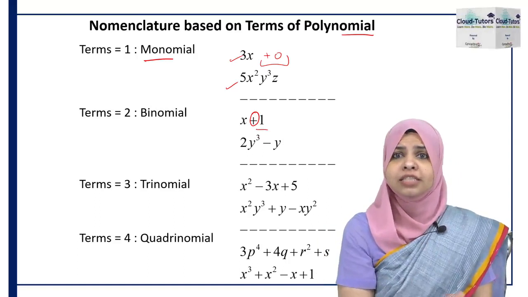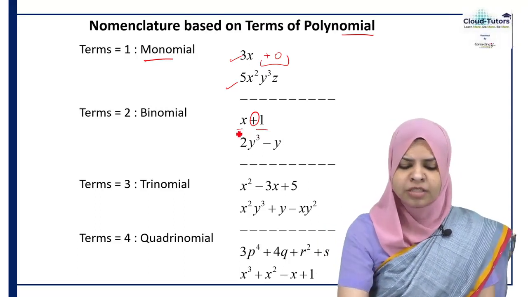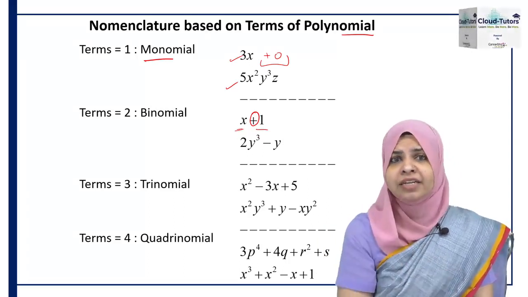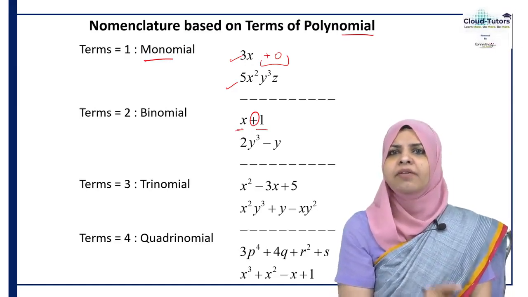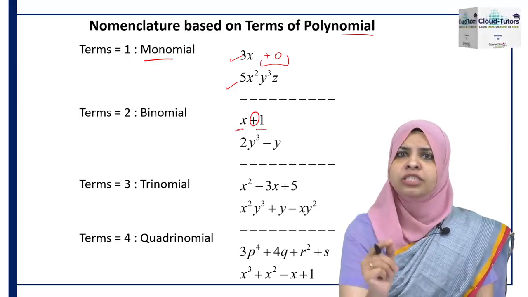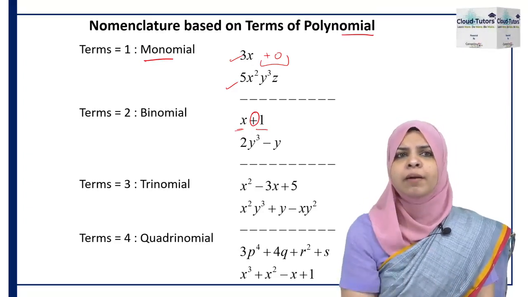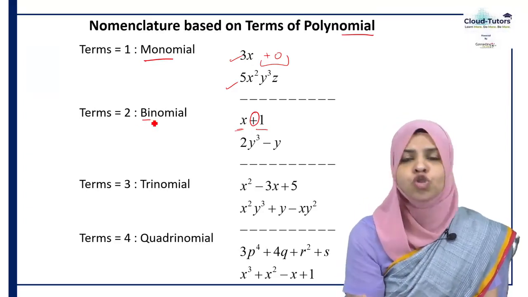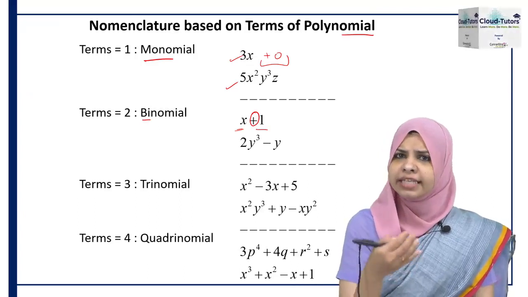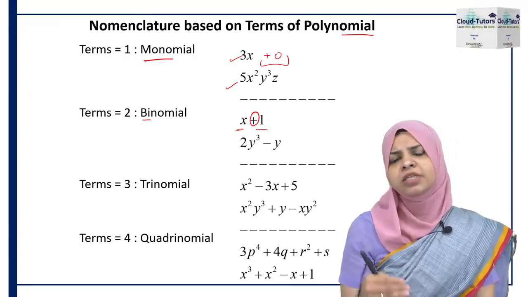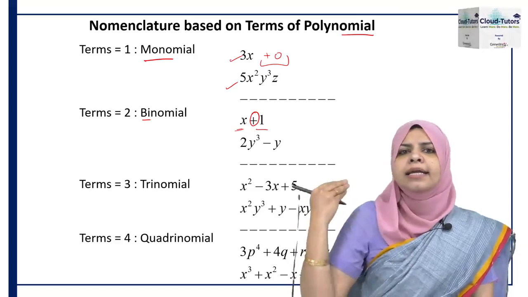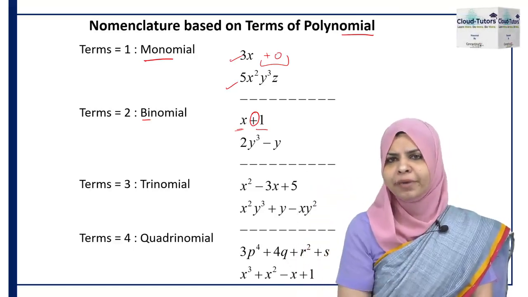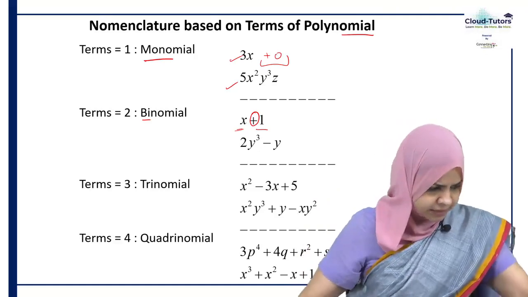So you cannot say it is a monomial, just because you see only one variable sitting there. It is definitely plus 1. Even if it is a constant, it will become a binomial. Bi means 2. On the same lines, if you have 3 terms, it is a trinomial. If you have 4 terms, quadrinomial, and hence polynomial. Clear? Next.